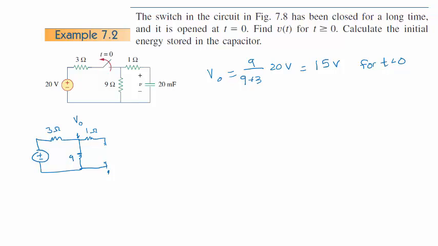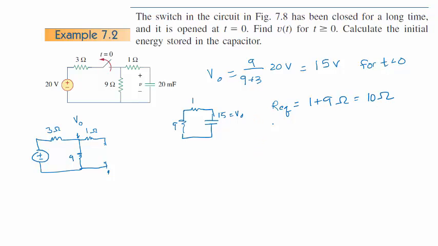Okay, so now we have the new condition that we're analyzing. We have 9 here, 1 here, and we have a capacitor right here that has 15 volts initially on it. And so now this capacitor is going to start discharging, but it's going to discharge into this equivalent resistance over here. So our equivalent, pretty easy right now, is of course 1 plus 9 ohms, which equals 10 ohms.